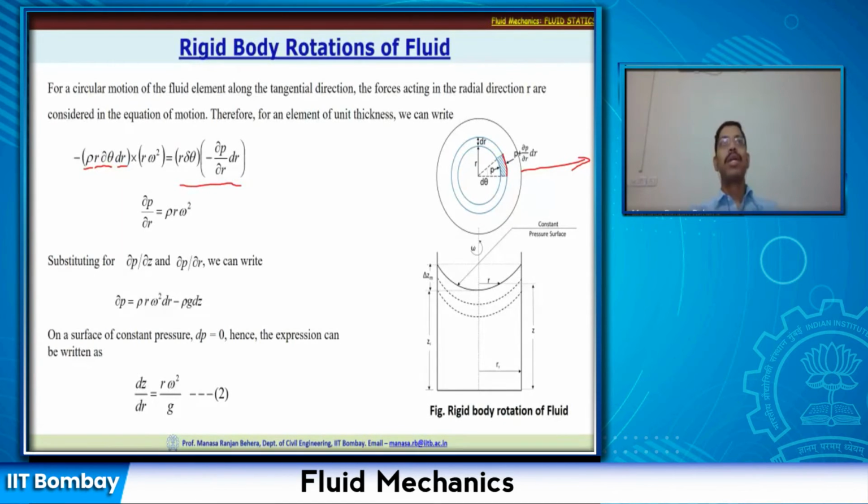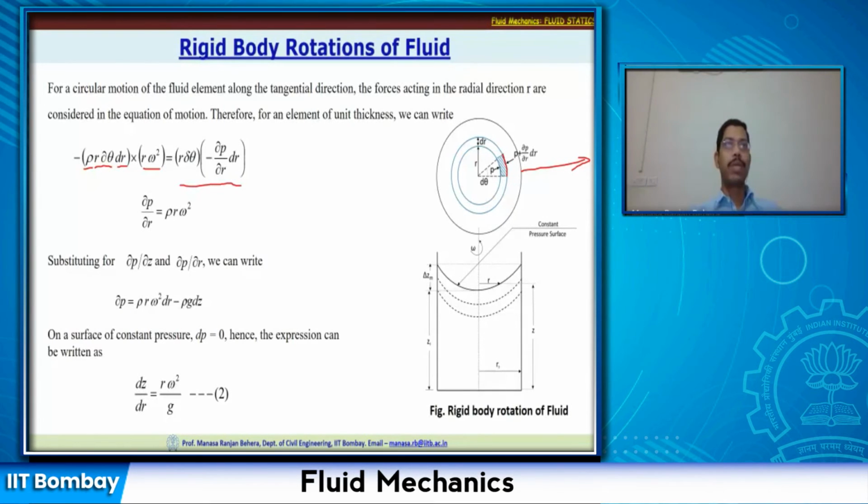The acceleration we know is R omega square, so mass into acceleration is equal to this force. If we equate these two, we can write ∂P/∂R is equal to rho R omega square.